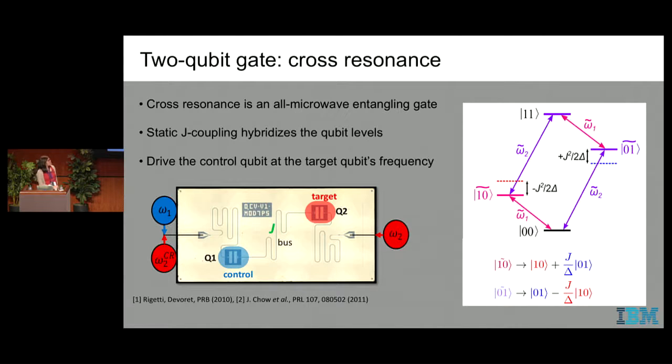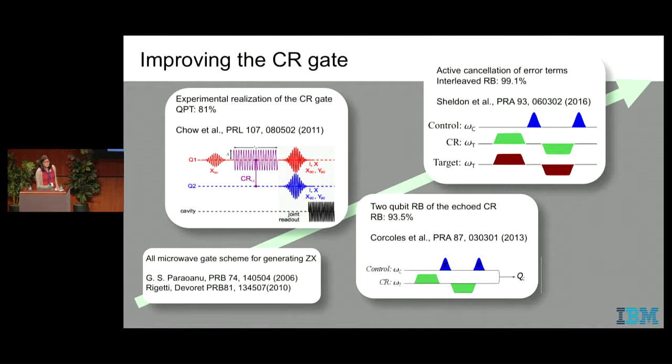By driving the first qubit, the control qubit, at the frequency of the second qubit, qubit 2's tone, you could drive this ZX term so that it only drives the second qubit depending on the state of the control. This ZX that you get from the cross-resonance gate is the gate that we use to make a CNOT gate. Back in 2011, there was the first experimental demonstration using the cross-resonance gate, and back then it was a single cross-resonance gate, and the fidelity was on the order of 81%.